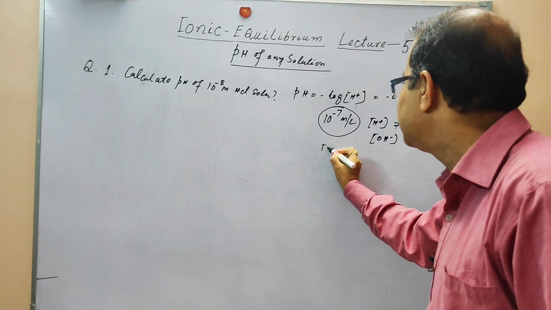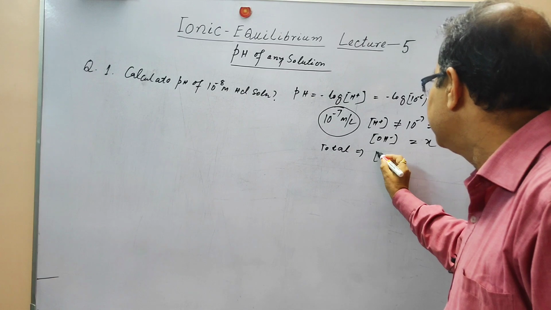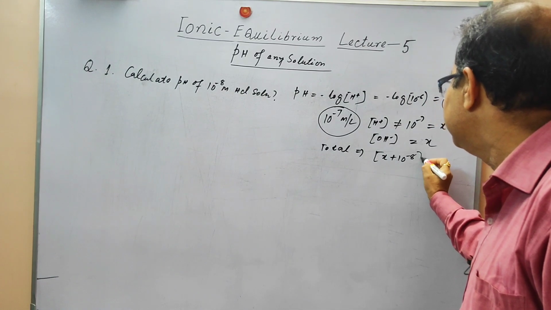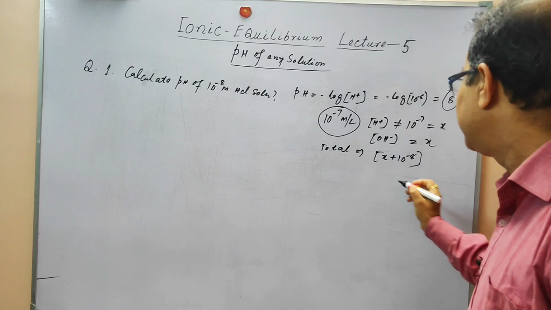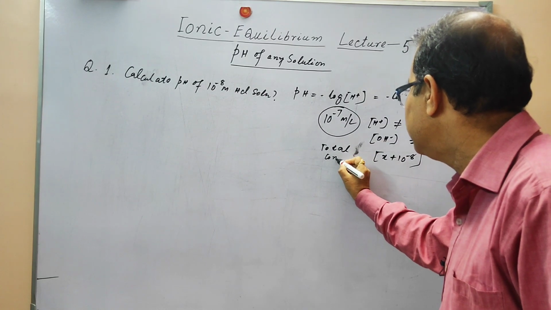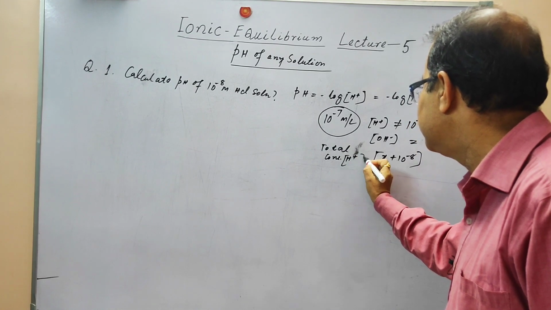So what is the total H plus ion concentration? This will be X plus 10 to the power minus 8, the molar concentration.